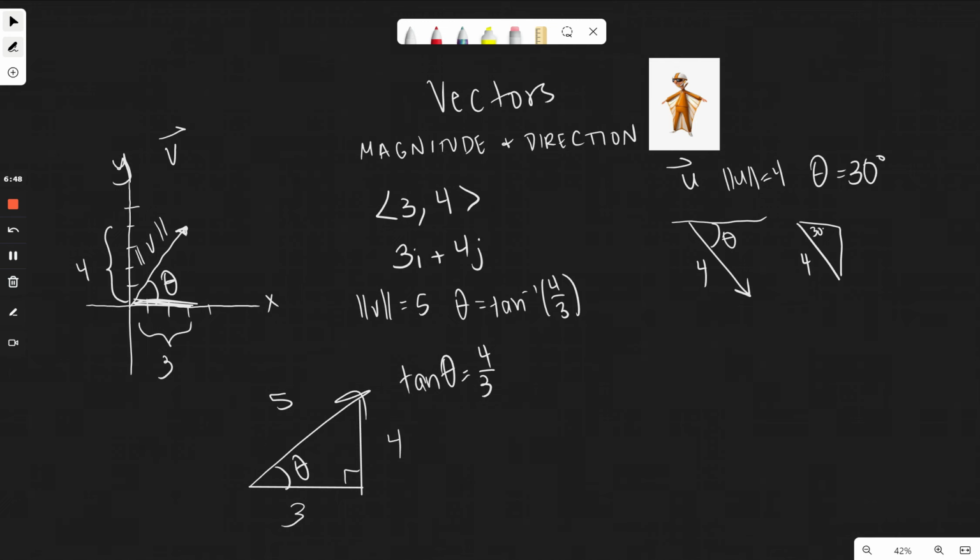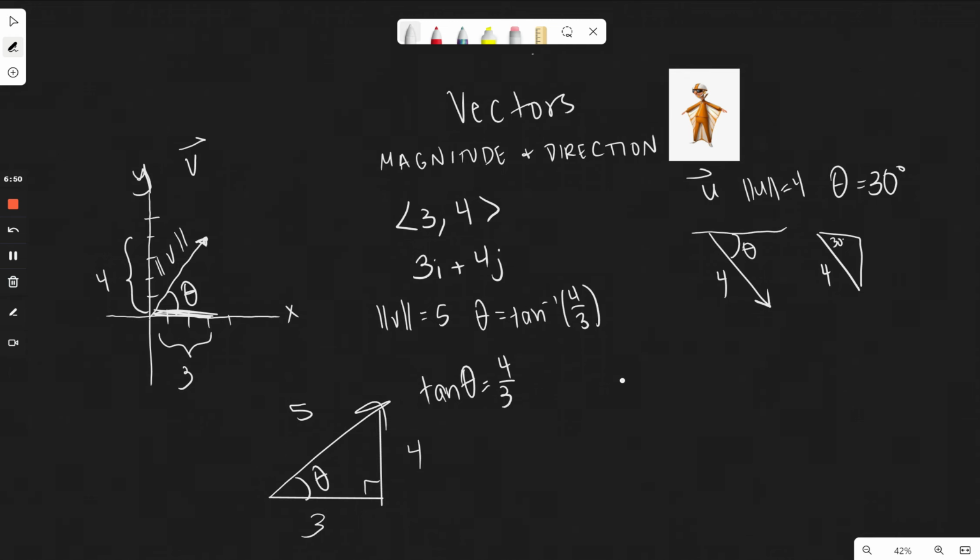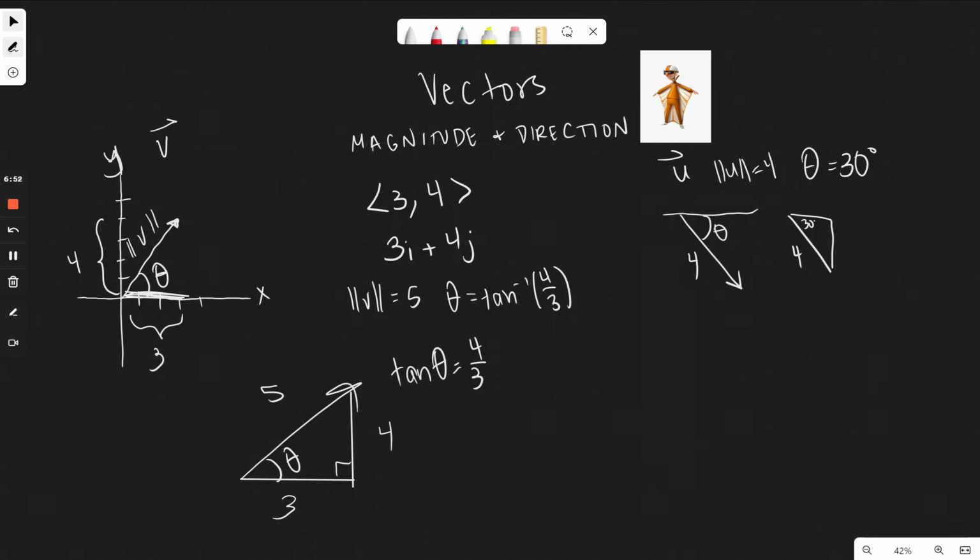So we have, this is our y, and this is our x. So using trig, again, we can say the cosine of the angle, or 30 degrees, is just adjacent over hypotenuse. So that's x over 4, which means x is 4 cosine 30 degrees, okay?